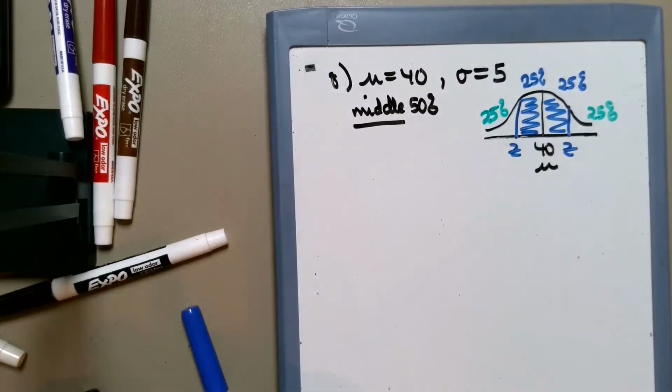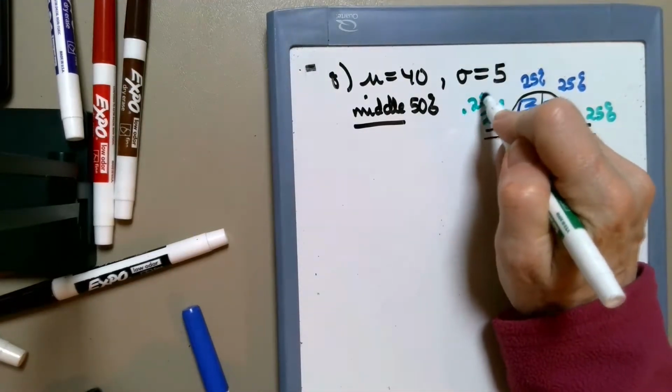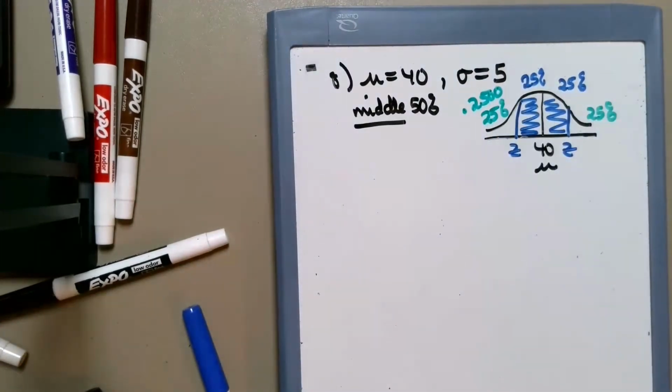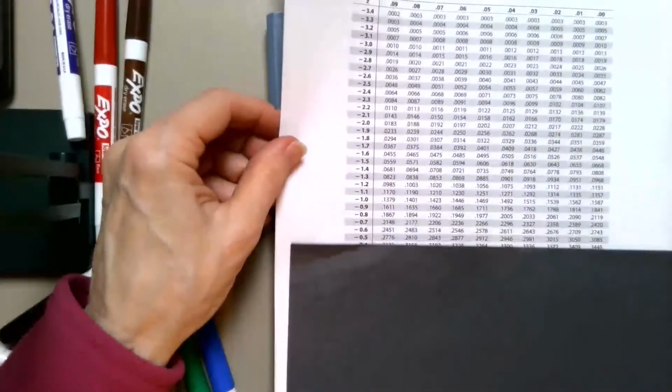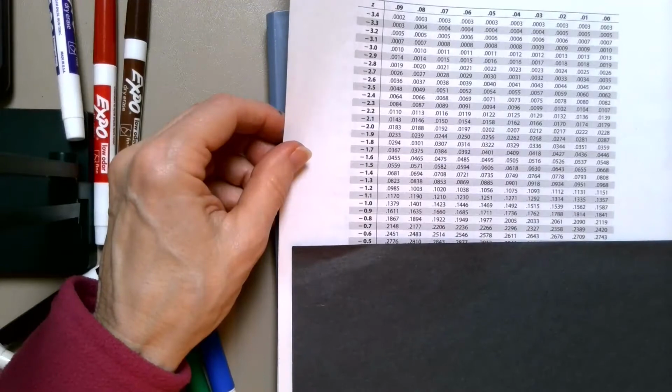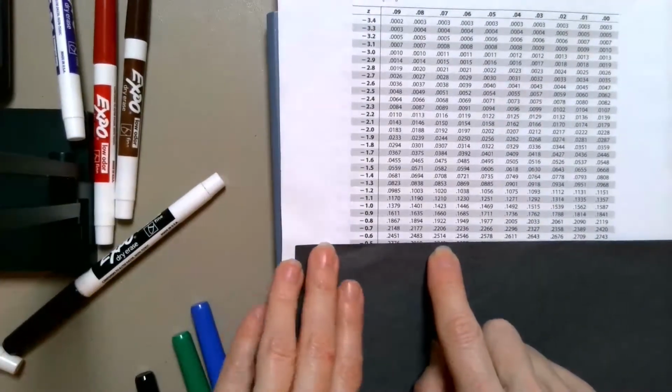So specifically to get a z-score, it's best to look up the left tail. So I'm going to look up 0.2500, changing that into an area. I'm hoping for an exact match, but it's not likely. Going through the areas here, I find the first 0.25 in my table right here at 0.2514.